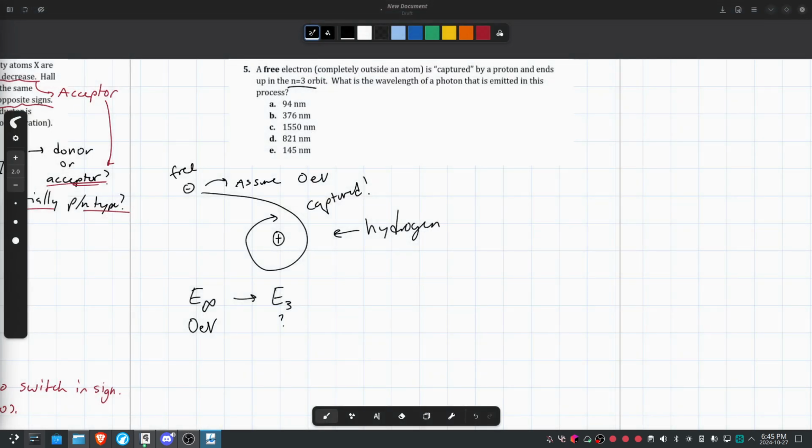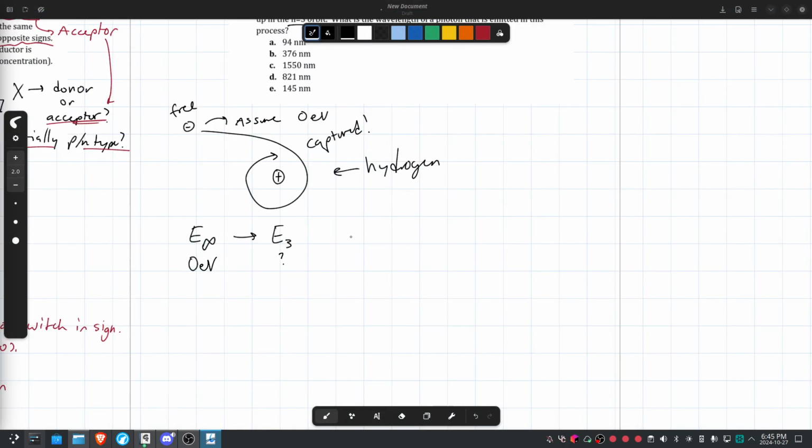Right? So the energy at some level n is going to be negative 13.6 electron volts over n squared. And in this case, it's 3. So therefore, the energy level of 3 is going to be negative 13.6 eV over 9.